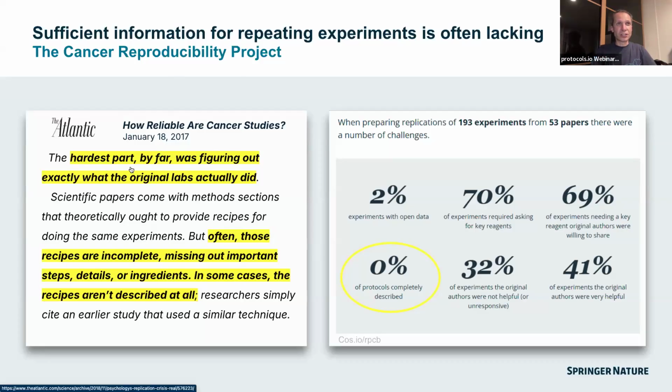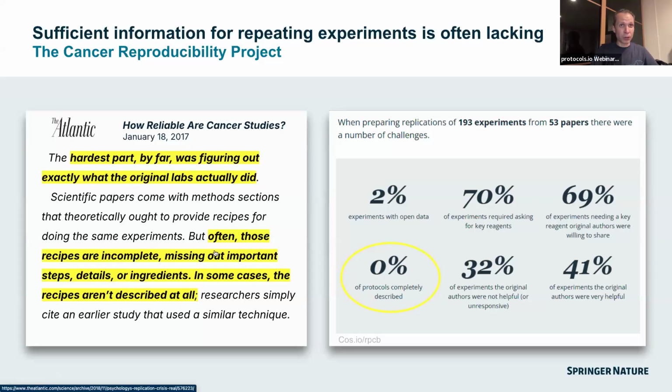And one science journalist reporting on it wrote, the hardest part by far was figuring out exactly what the original labs actually did. Science papers come with method sections that theoretically ought to provide recipes for doing the same experiments, but often those recipes are incomplete, missing important steps, details, or ingredients. In some cases, they're not described at all. Researchers simply cite an earlier study that used a similar technique.